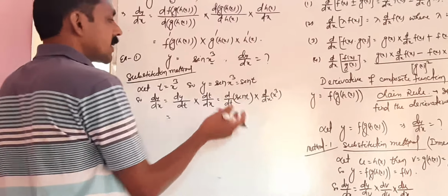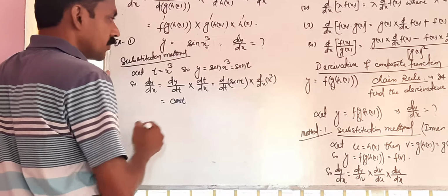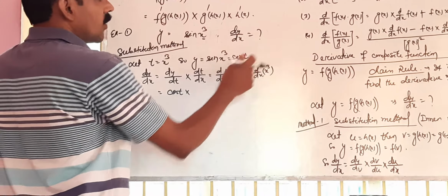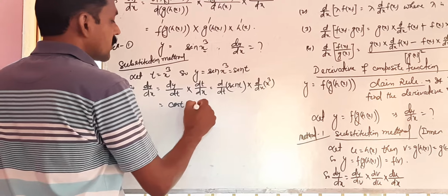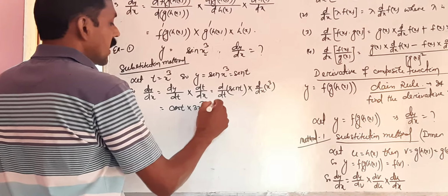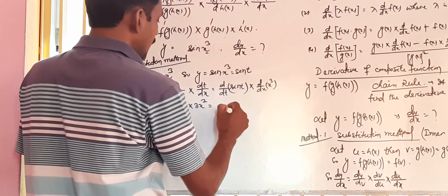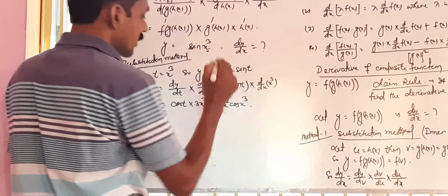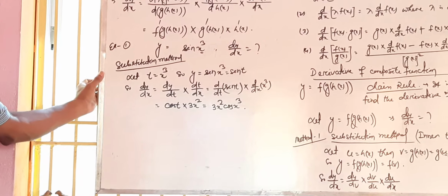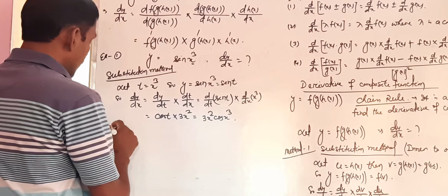So it is derivative of sin t, standard formula, it is cos t into, it is in the form of x to the power n, so n times x to the power n minus 1, so it is 3 x square. Now again we will replace t with its original value. So it is 3 x square into cos of t, which is x cube. This is substitution, or direct method.